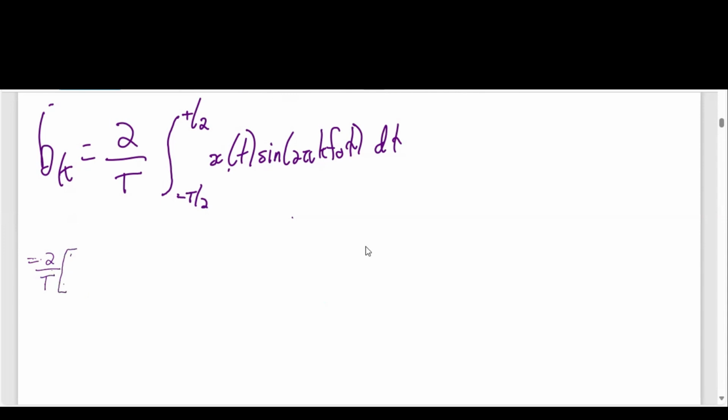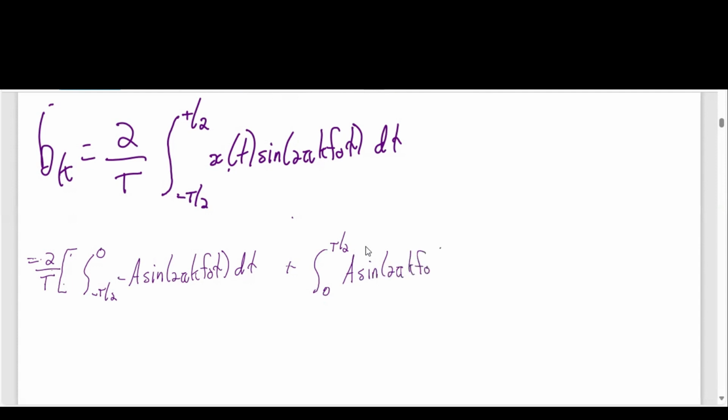So the first piece of integration, you'll be integrating from minus T on 2 to 0 of minus A sine 2 pi k f naught t dt. And then plus the next piece, which is going from 0 to T on 2 of A sine 2 pi k f naught t dt.